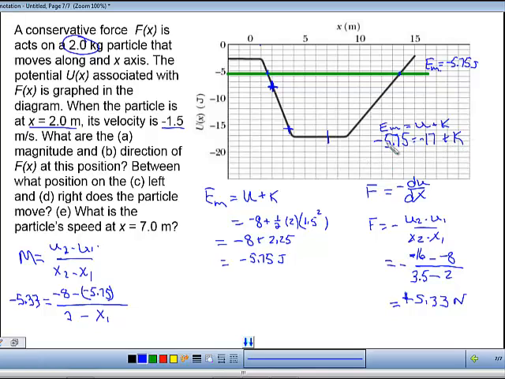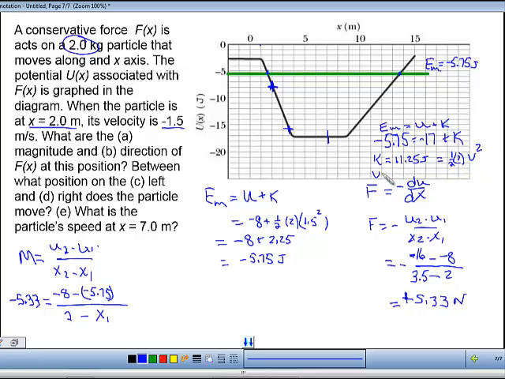Well, let's see, kinetic energy is equal to 11.25 joules, and that's equal to 1/2 times the mass, which is 2, times v squared. Well, 1/2 times 2 is 1. V squared, to unsquare it, we take the square root.